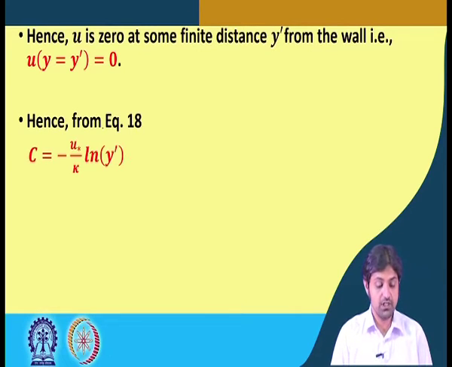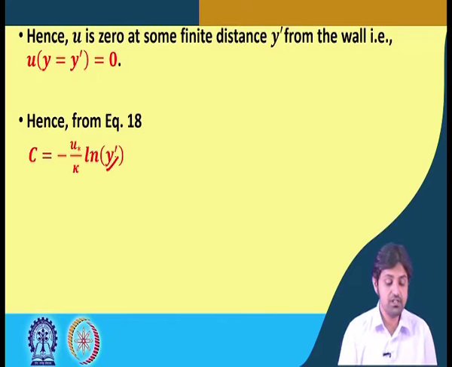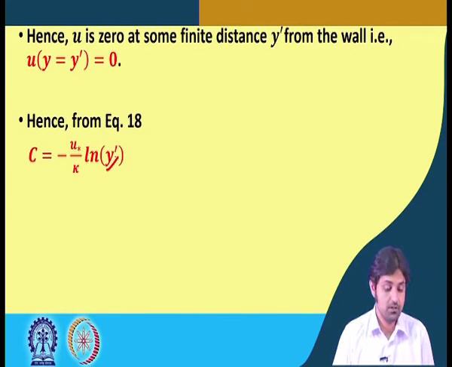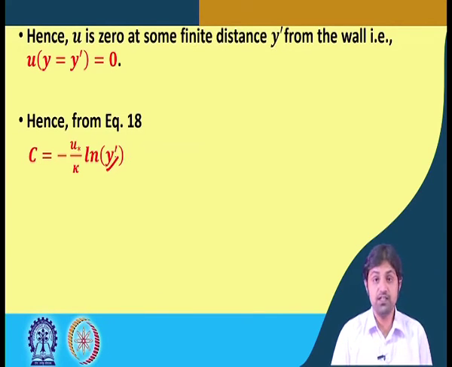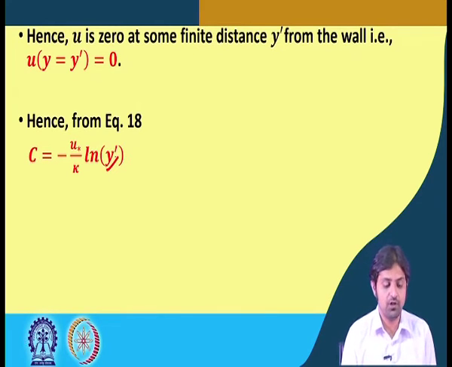Hence from equation 18 we can say that at distance y prime, c will be minus u star by kappa ln y prime, because if you put y equal to 0, it is going to be infinity. So this logarithmic profile does not fit there. Therefore we assume that u is 0 at some finite distance y prime from the wall.